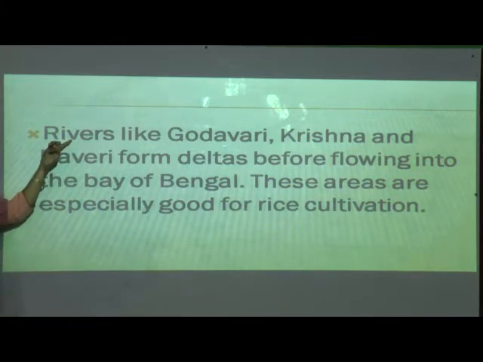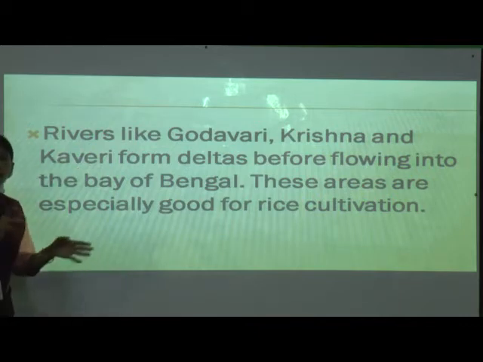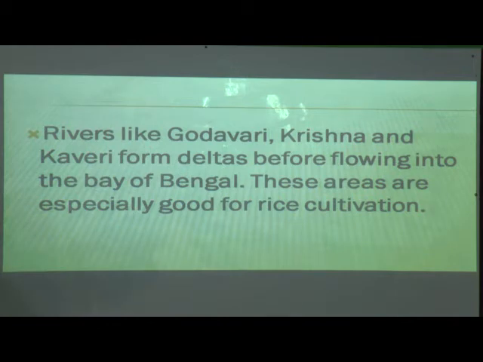Because of these rivers, the land is very fertile. So which type of cultivation do they do? Rice cultivation is very famous. It is very good for rice cultivation.